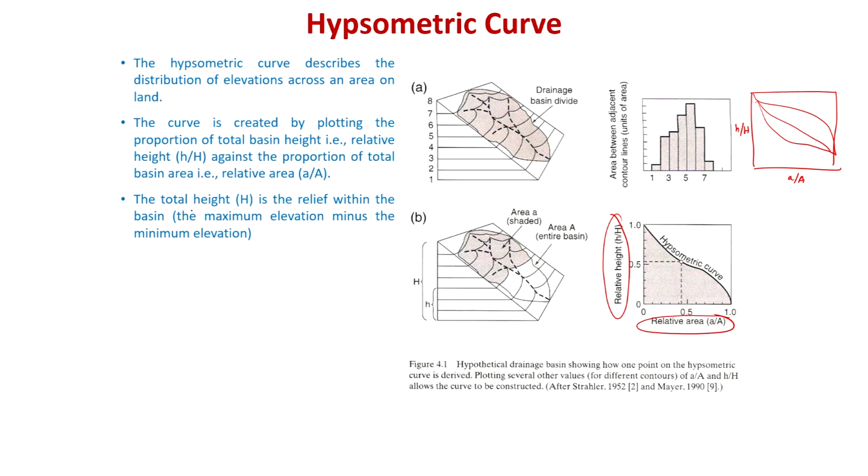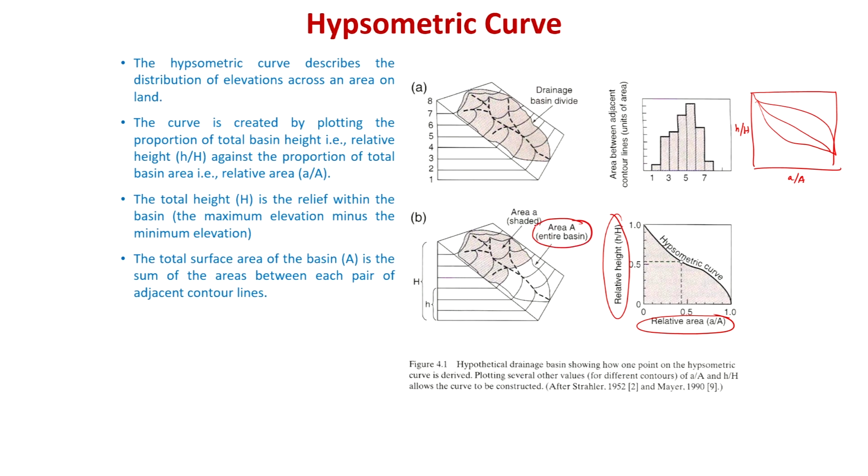The total height is the relief within the basin, that is the maximum elevation minus the minimum elevation. The total surface area, A, is the entire basin area. And then the area a is the surface area within the basin above a given height.